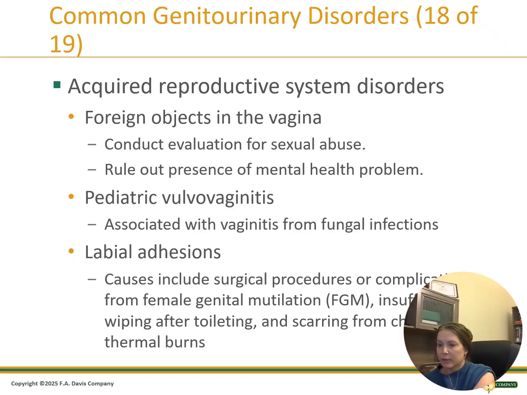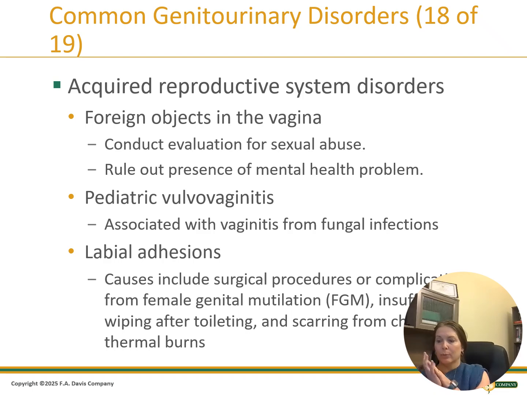Alrighty, acquired reproductive sex disorders. So with children, sometimes we can come across foreign objects in the vagina. It can be accidental, kids just putting stuff somewhere. It can be small toys. It could be little wads of toilet paper, just small objects. It can be accidental or intentional.